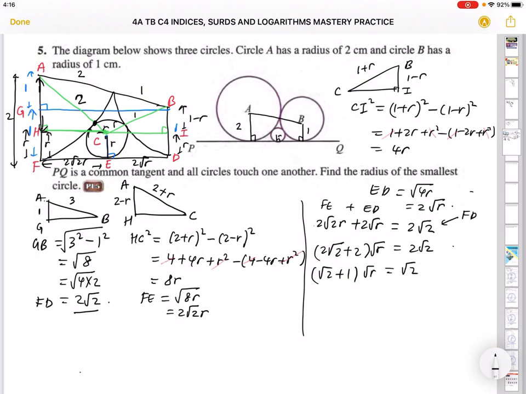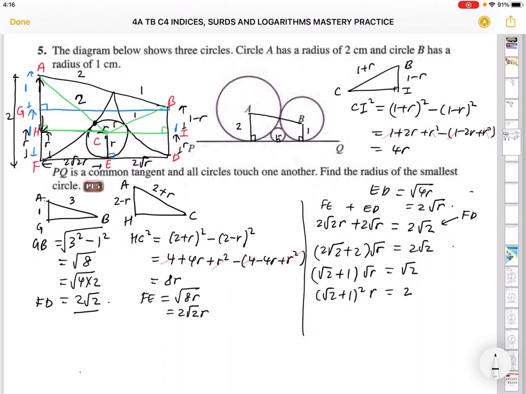Now to find R, perhaps we square both sides first. It will be easier. If I square the left, I will get (root 2 plus 1) squared. Root R, if I square it, I just get R. Root 2, if you square it, it's just 2.